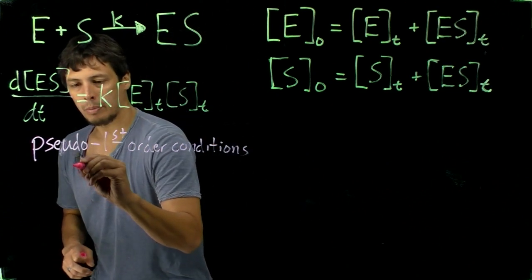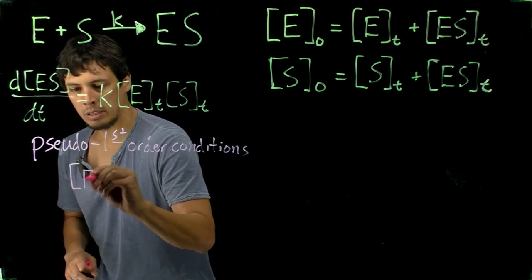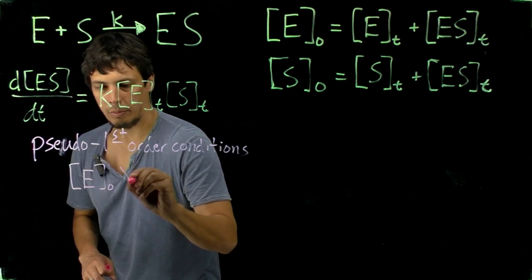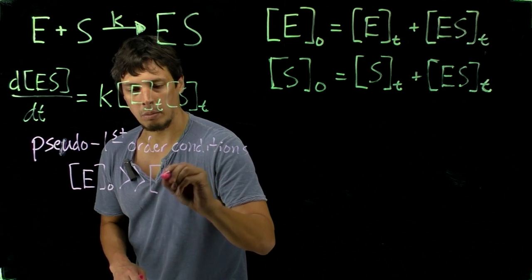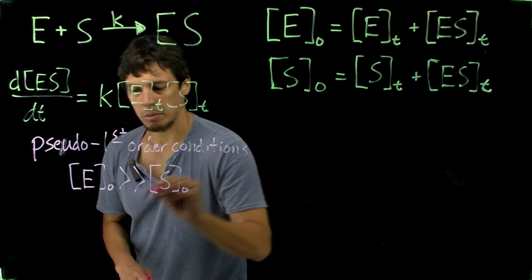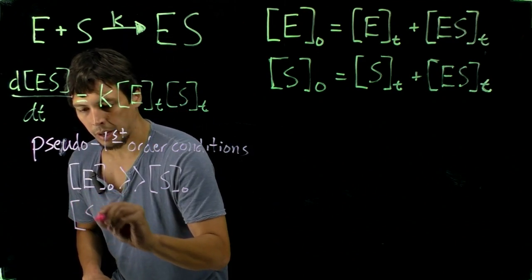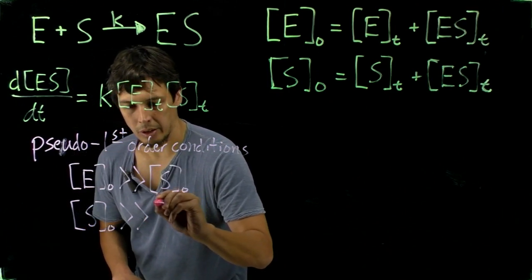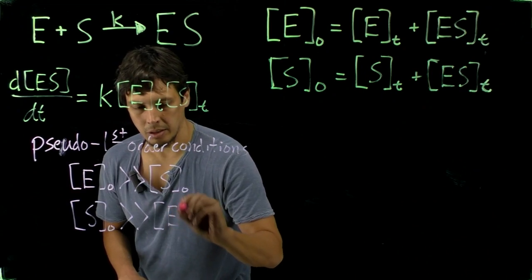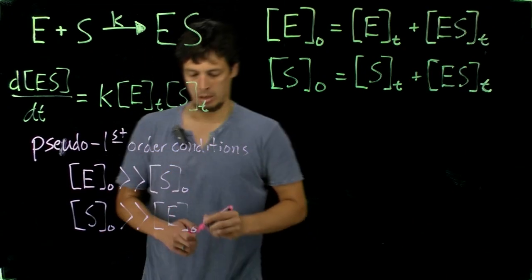And we can do that by either making the initial concentration of enzyme much greater than the initial concentration of substrate, or we can do the opposite, where the initial concentration of substrate is much greater than the initial concentration of enzyme.